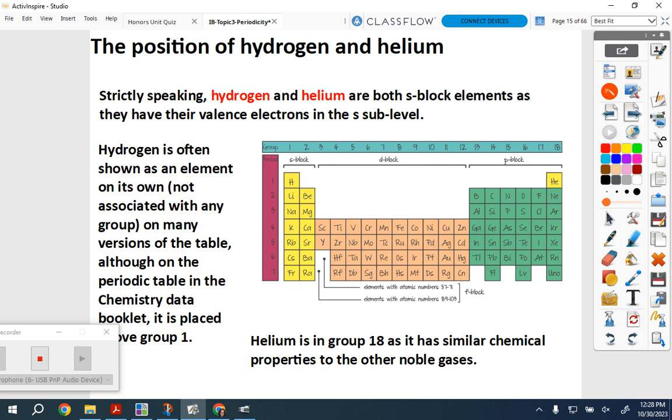It does very, very occasionally form a -1 ion when it is put together with one of the alkali metals. But it doesn't really act like either of those groups. So it has some similarities, but it's kind of its own little entity. Helium is more like the other noble gases than hydrogen is like any other group.